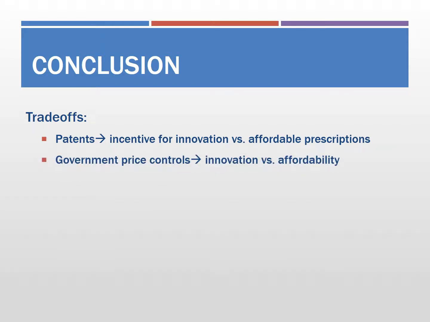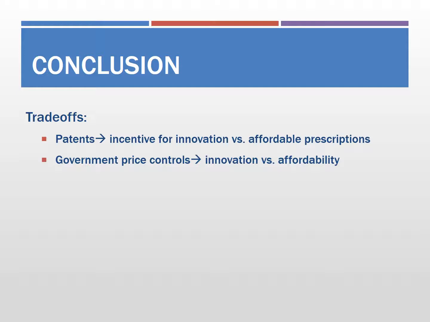Price control policy also has its trade-off. With a much lower price ceiling, or a stronger price control policy in the country, it takes away the incentive for innovation. Companies set up in a country where the price restriction is very strong cannot sell their drugs at a high price.